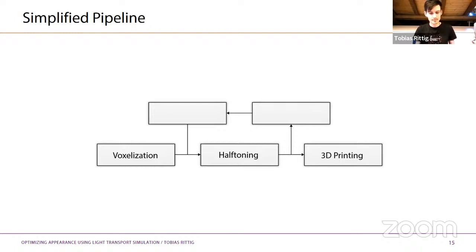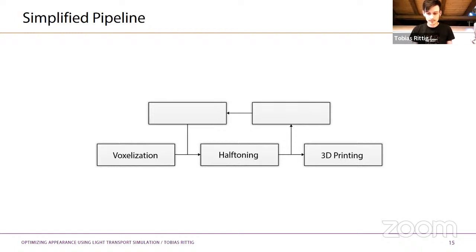What we feed to the 3D printer is, so we take the model, we voxelize it, we convert it to what the printer can understand in a way. These are all boxes that have very different implementations, and there's many to them. And at last we can then 3D print these objects.